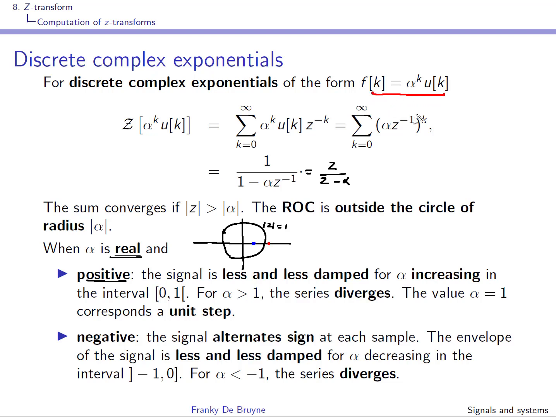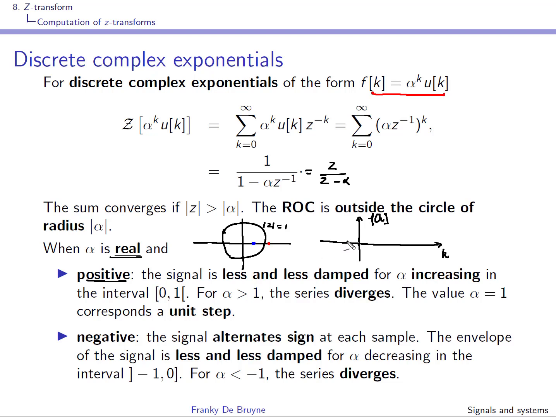And let us have a look now at the corresponding discrete real exponential, because alpha is real. So we can draw this. The x-axis is the index k, and this will be f of k. Let's see what happens when alpha is equal to 0.5.